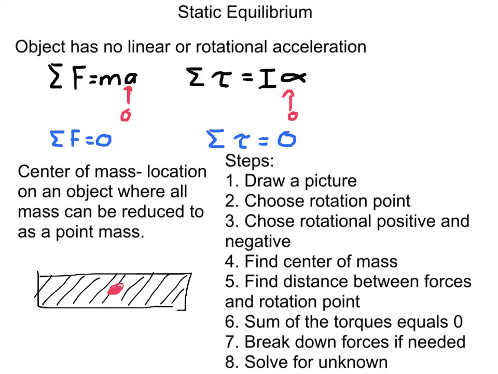Maybe this piece over here is metal and the rest of it's wood. Well, that would mean the center of mass would shift a little bit. It would become closer to that side, right? That would be the balance point, the spot where we could reduce it all down and pretend it's a point mass at that location. That's the center of mass.